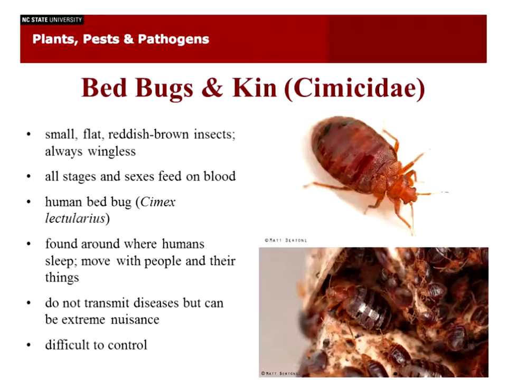Okay, everybody's favorite, the kind of resurgence in this bug has been a boom for entomologists, but obviously not good for people that like to sleep. So bed bugs and kin. So bed bugs in the family Cimicidae are small, flat, reddish-brown insects, and they are always wingless.